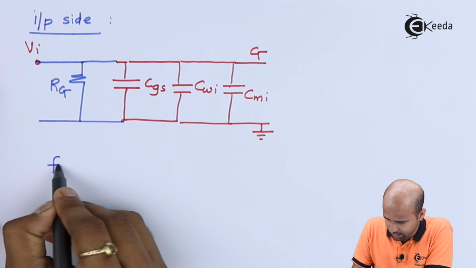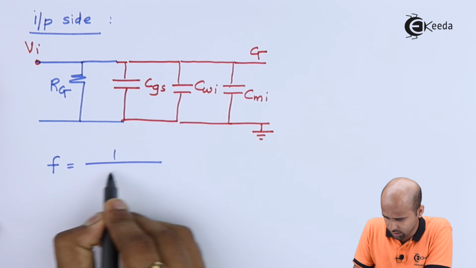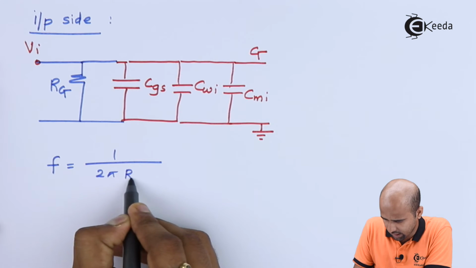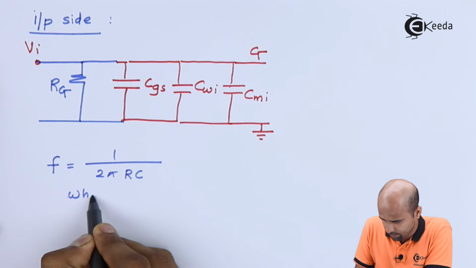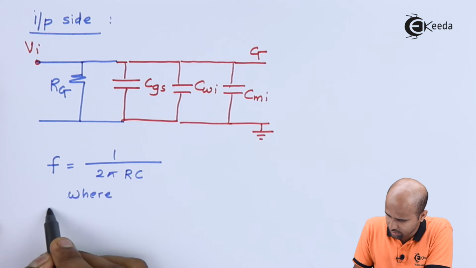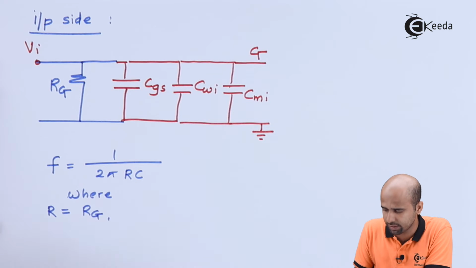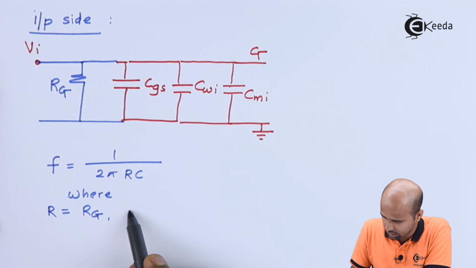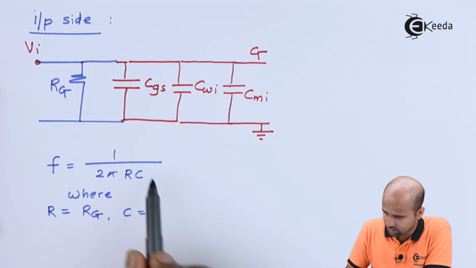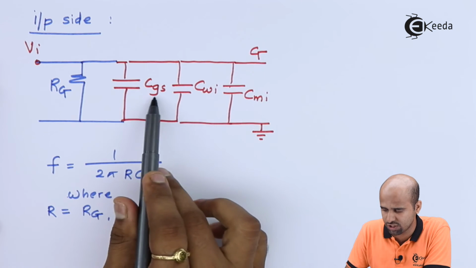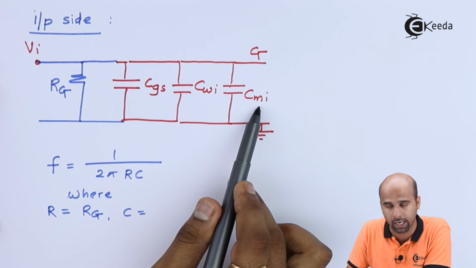I can determine that F is equal to 1/2 pi RC, where R is equal to RG. Directly I will be getting it because of the open circuit in the model of JFET. C is the parallel combination of CGS, CWI and CMI.